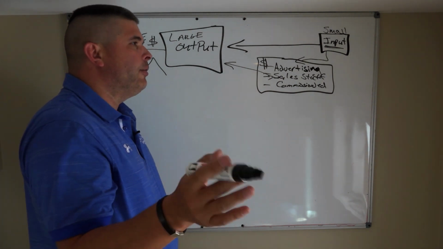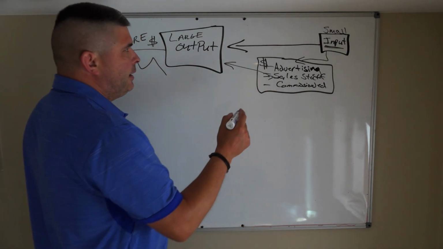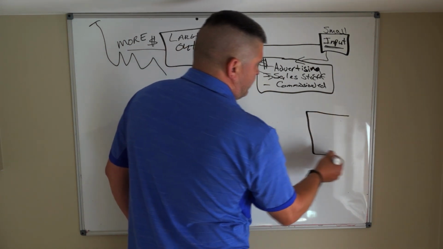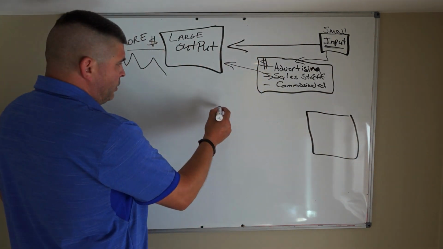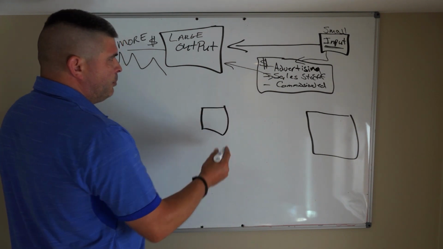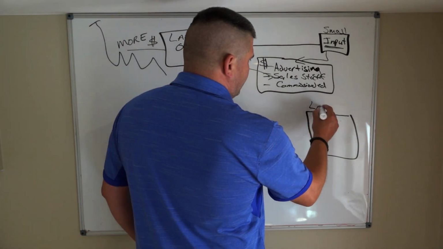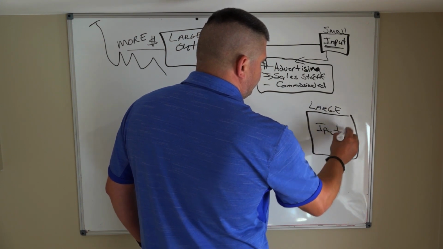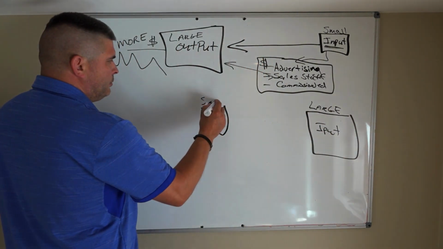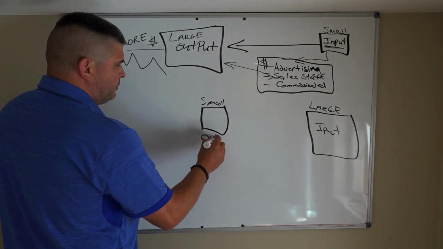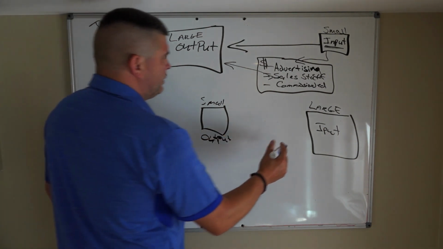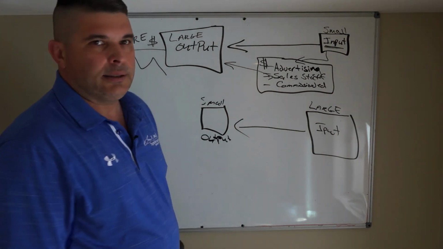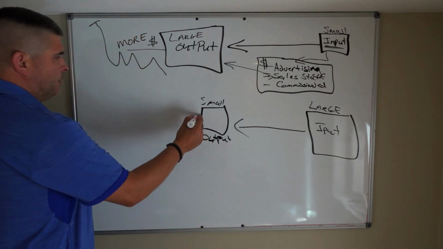So let's look at the other side of this, a large and a small. So now we have a very large input and a small output. So what do we think that creates? Little profit, right?